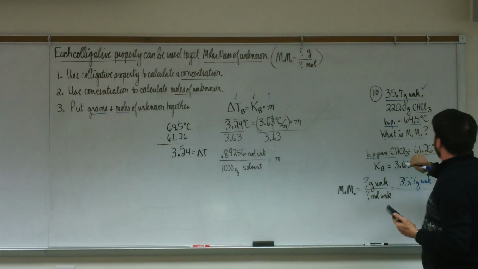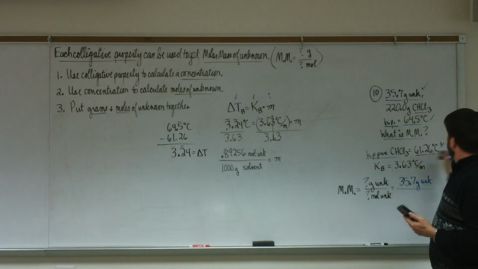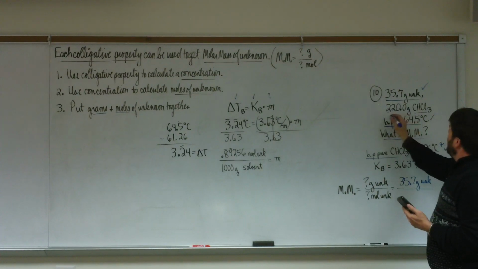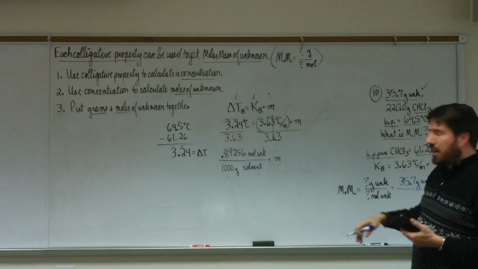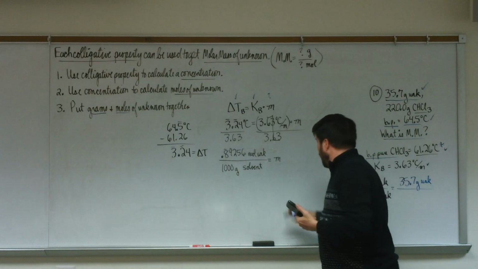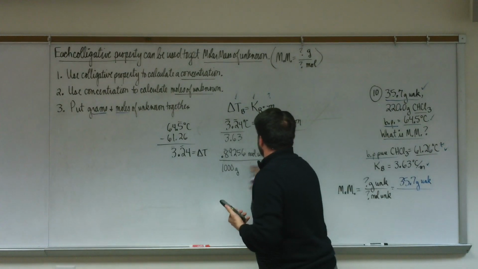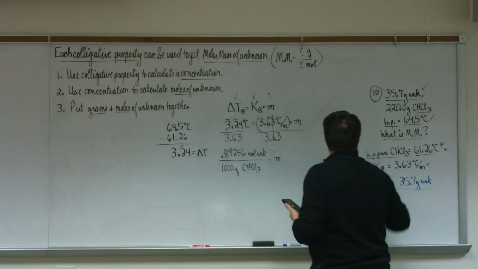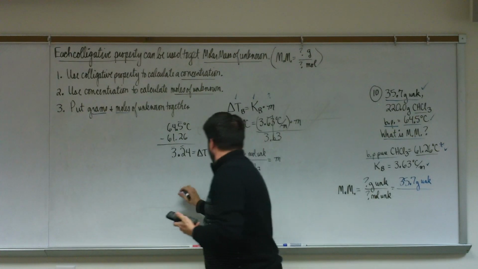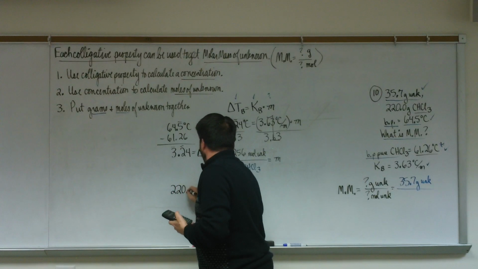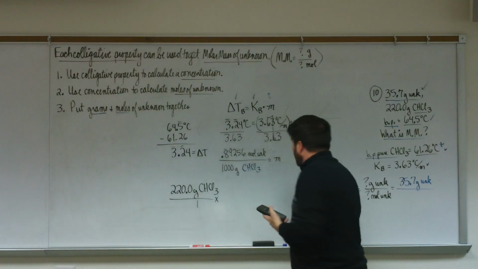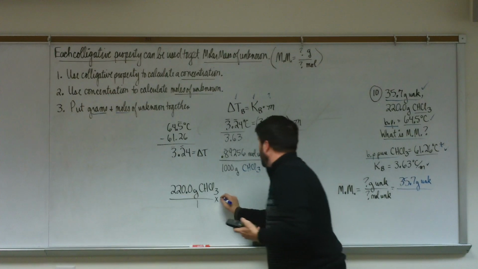So going back to here, I've used the boiling points and the K. I have not used that there's 220 grams of the CHCl3. The solvent is CHCl3. Well, then I can use this at the beginning. So 220.0 grams of the CHCl3 is given at the start. And we just got the molality as a conversion factor.